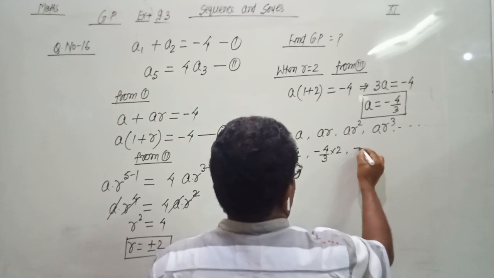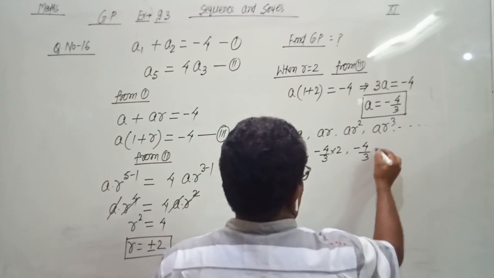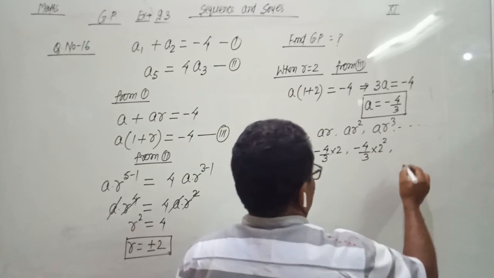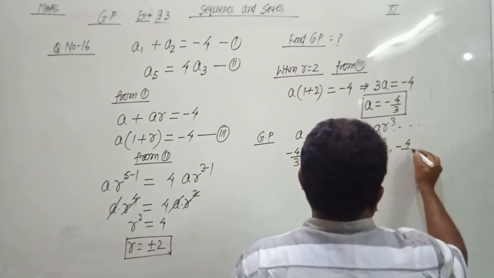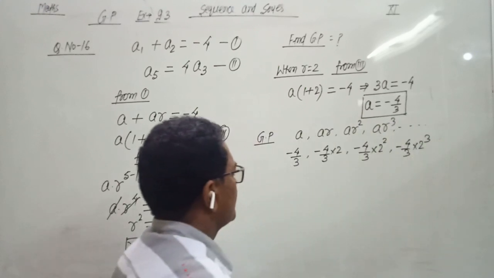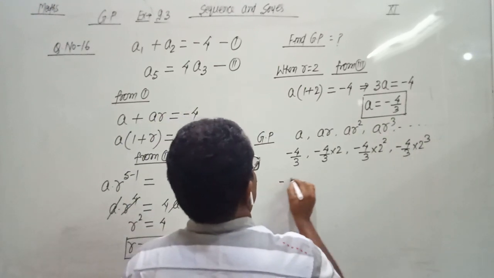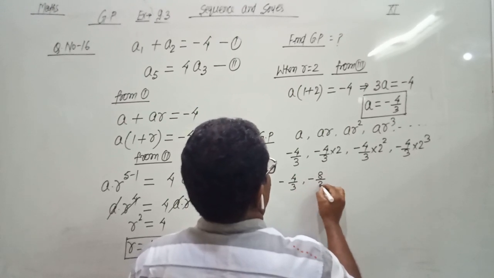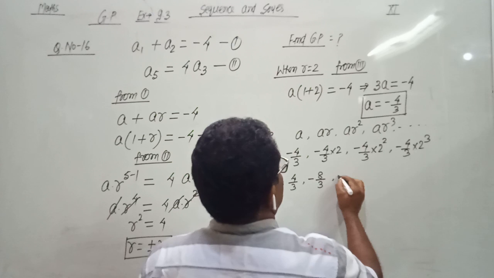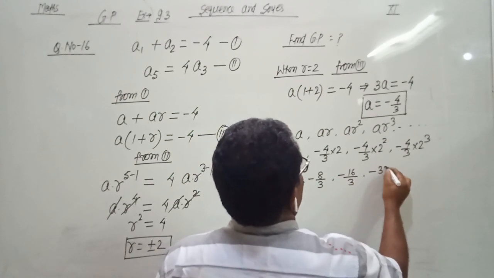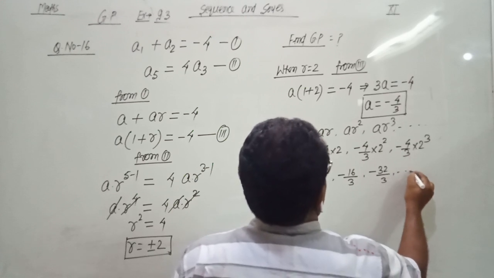A into R squared: minus 4 by 3 into 2 squared. A R cubed: minus 4 by 3 into 2 raised to the power 3. So we get minus 4 by 3, minus 8 by 3, minus 16 by 3, and minus 32 by 3, and so on.